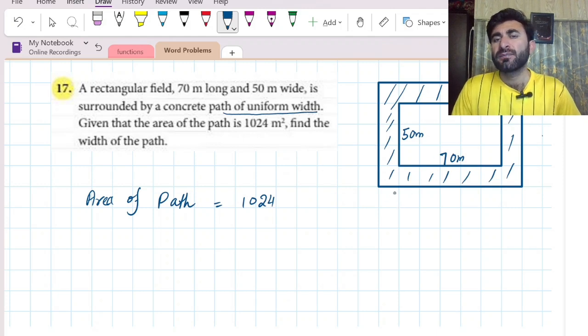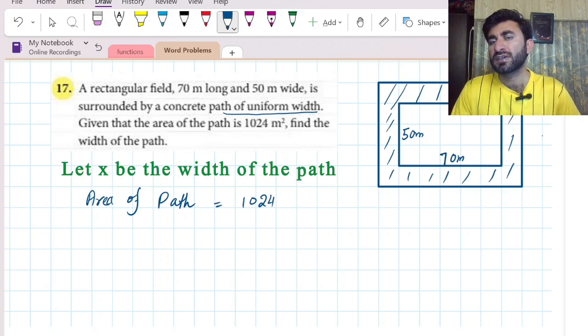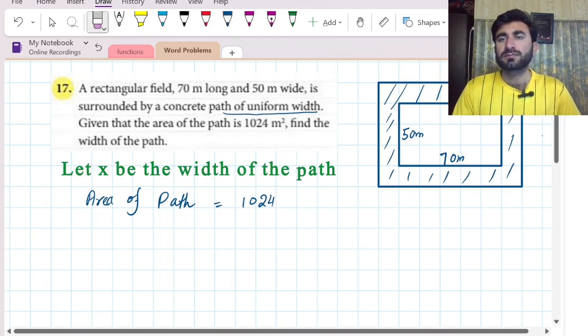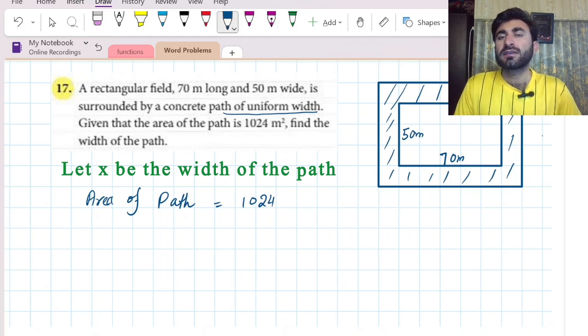If I say the width of the path, suppose because it is over here, let me call it as x. Okay, so what will be the length of the outer rectangle?